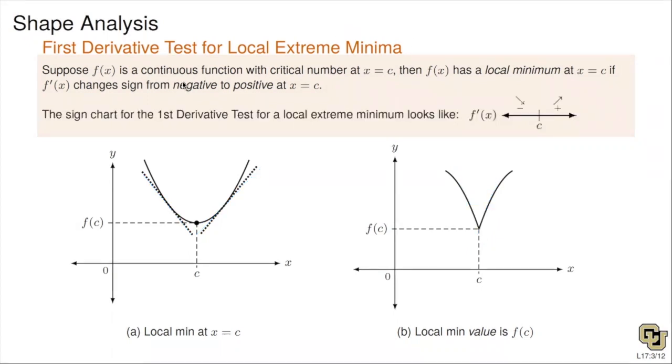The first derivative test, again, for the sign chart, just looks like this, where we're checking the sign of the derivative, and we're expecting to see minus plus. Of course, if it's minus minus, then it's not any type of extrema. Or if it's plus plus, then it's not any type of extrema. Only plus, minus, or minus plus will give us some type of extrema.